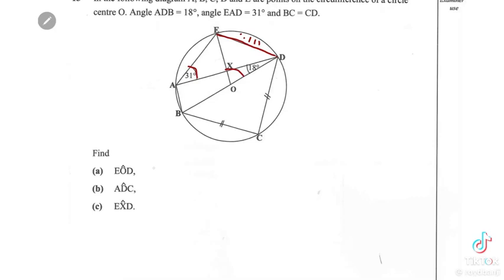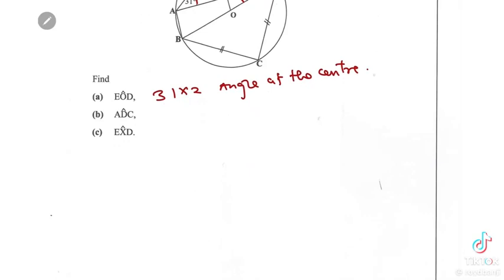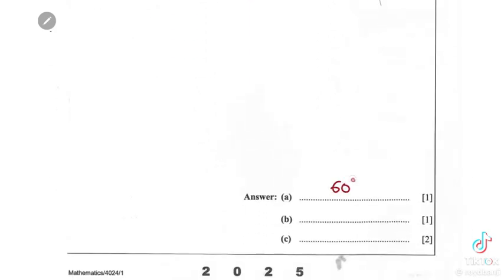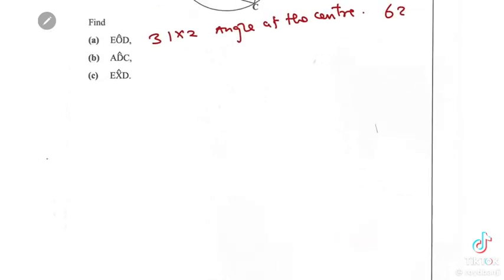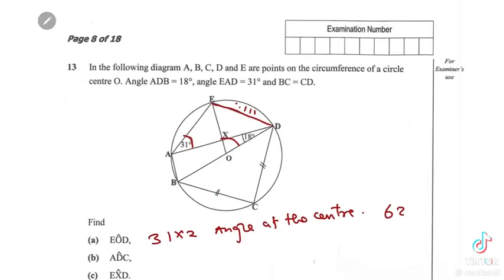So therefore, to find what is at the center, we are just simply going to say 31 multiplied by 2. And of course, angle at the center is twice angle at the circumference. So what is that? It's going to give us 62. So this angle is 62 degrees. Then ADC. Let us see ADC.